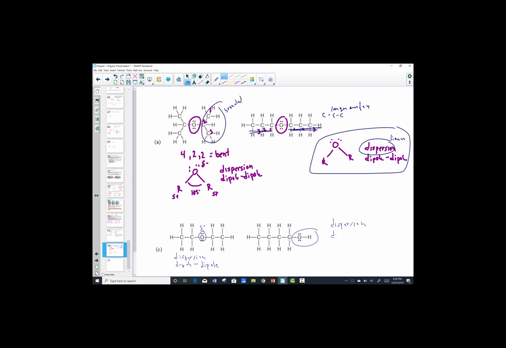It has dipole-dipole. And it also meets the criteria for hydrogen bonding. Since all 3 are present, these have greater intermolecular attractions, and therefore this molecule would have the highest boiling point.